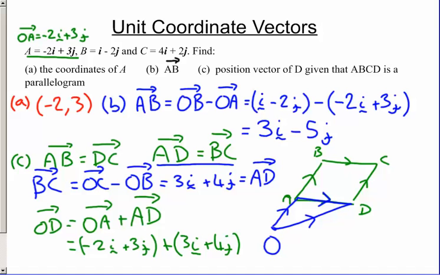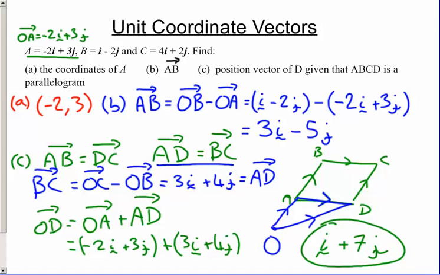So that gives us an answer that the position vector of D is equal to i plus 7j. So that's our final answer for the position vector of D.